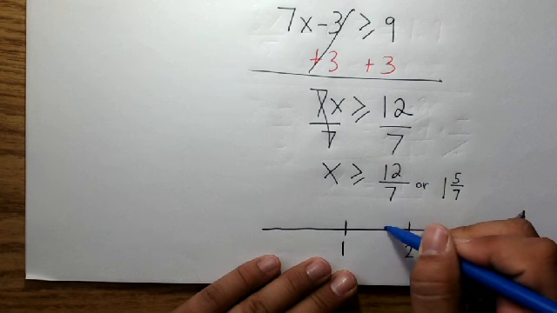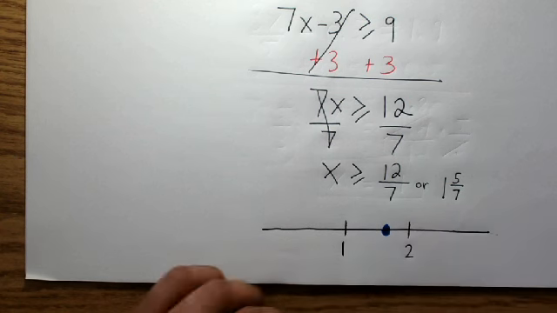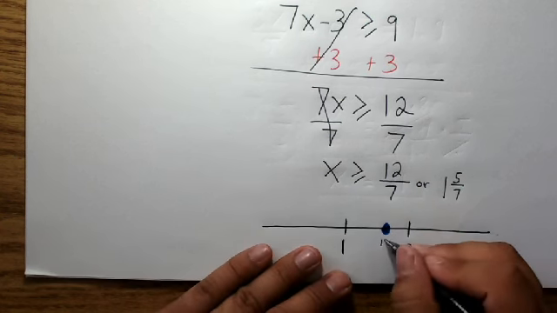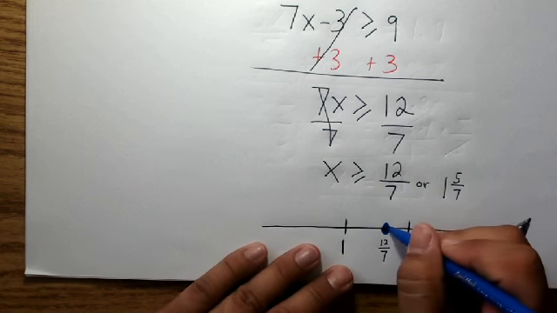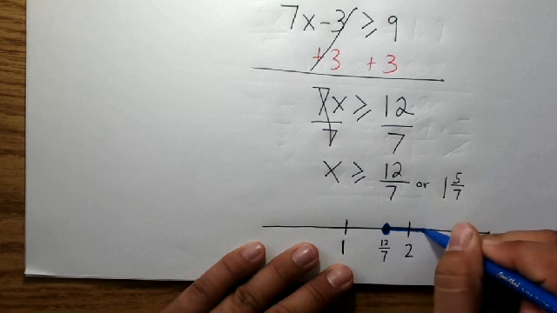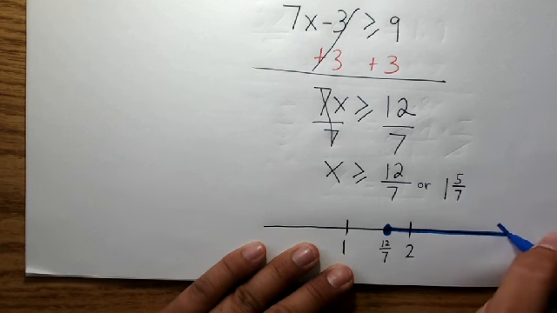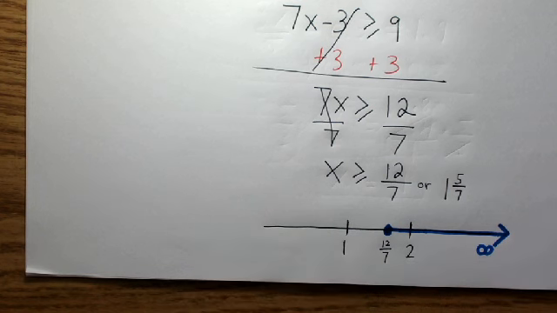Filled in, very good. So you can put 12 sevenths right there. And then what direction is the arrow pointing? That direction. It's going on forever and ever to infinity.